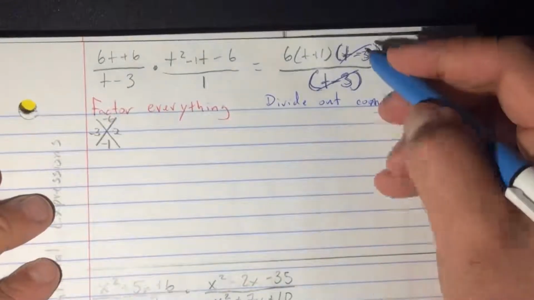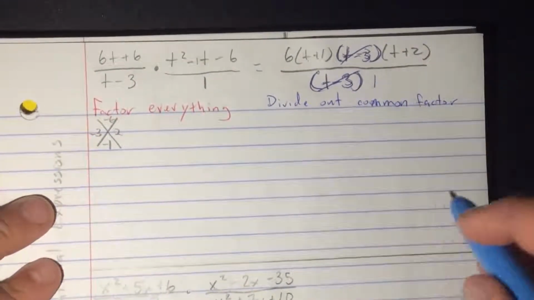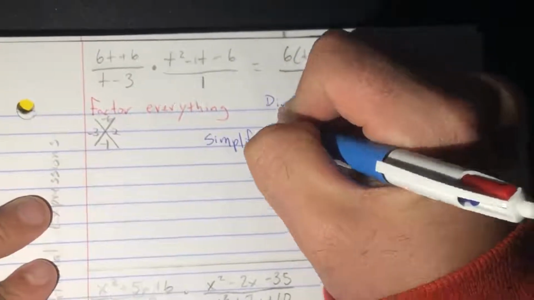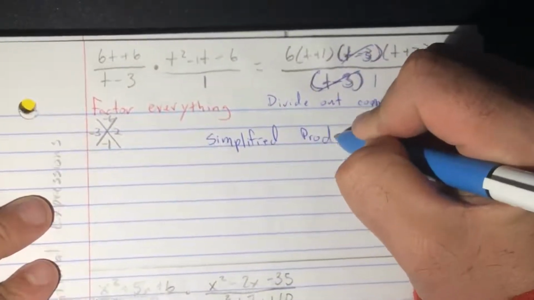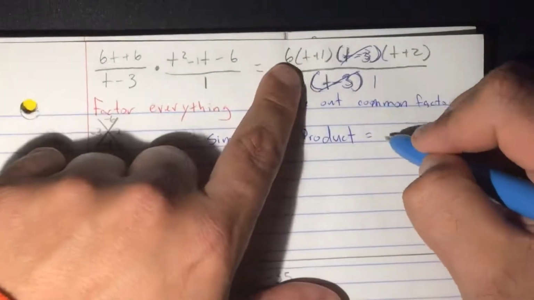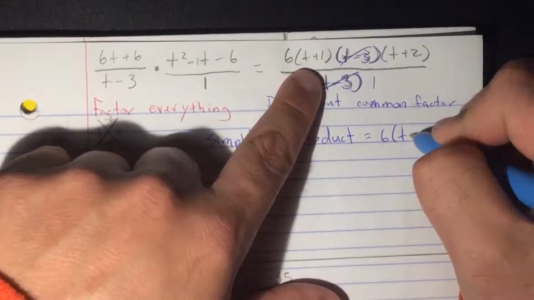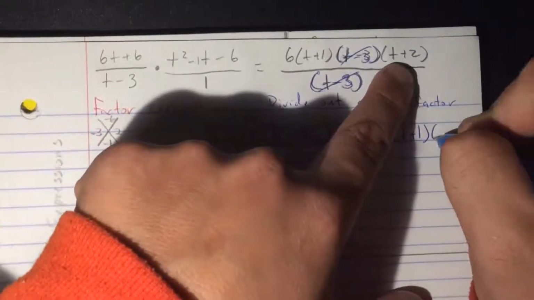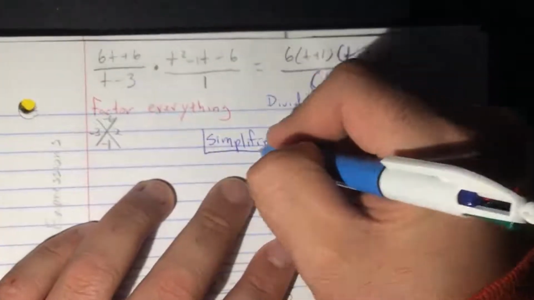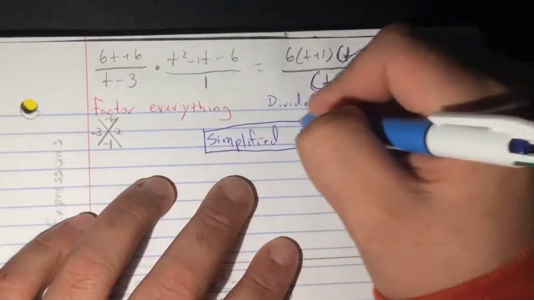So that means this is going to be over 1 still, right? So our simplified product is going to equal 6 times t plus 1 times t plus 2. So that's fairly easy, right?